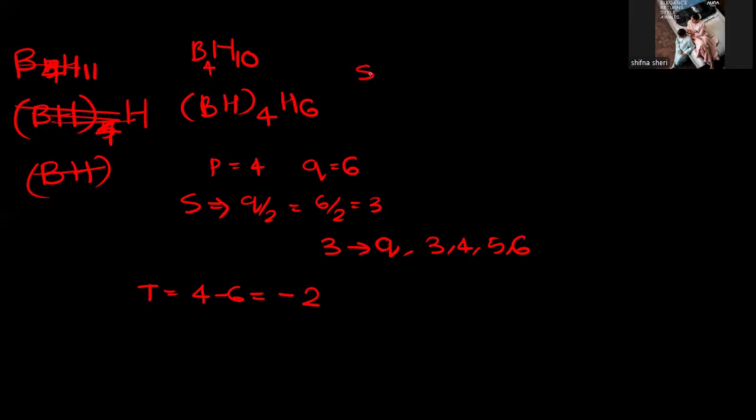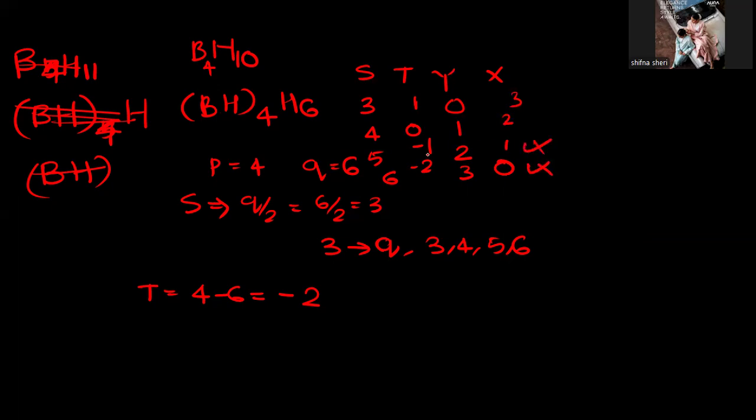Then you have to write the styx. What is the number of the S? 3, 4, 5, 6. And T is minus 2, and then there is the increase of the numbers, minus 1, 0, 1, right? And Y 0, 1, 2, 3. X 0, 1, 2, 3. Okay. So we need to eliminate these two.